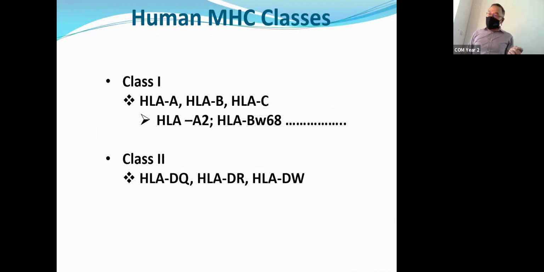In the human system, well, in all organisms, there are two classes of MHC molecules. Class 1, which in humans consists of three groups, HLA A, B, and C. And then class 2, which in humans are DQ, DR, and DW.